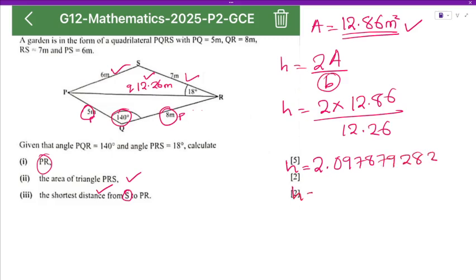Round that off to 2 decimal places. We're going to get 2.1. This 7 will round the 9 upwards, it becomes a 10, converting this guy to a 1. So its height is therefore going to be 2.1 meters.